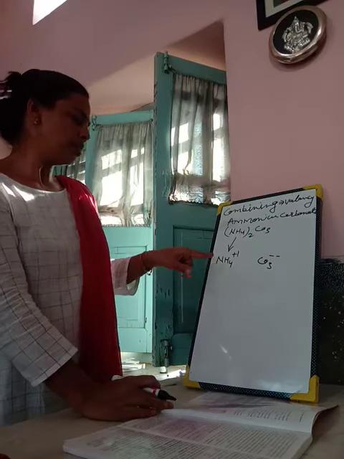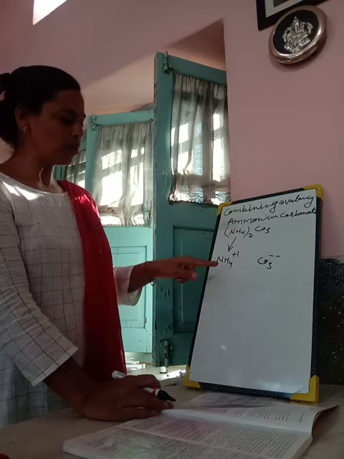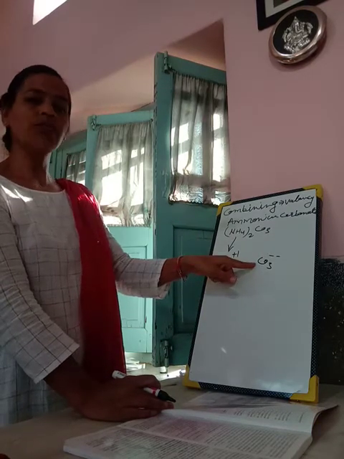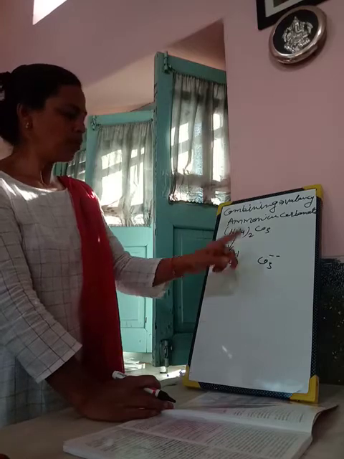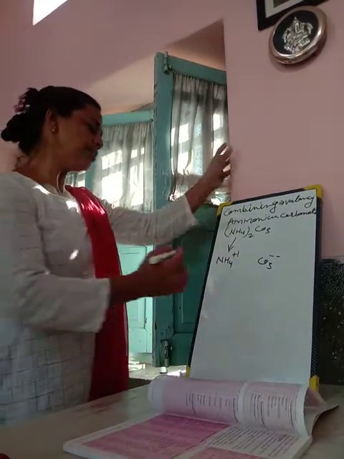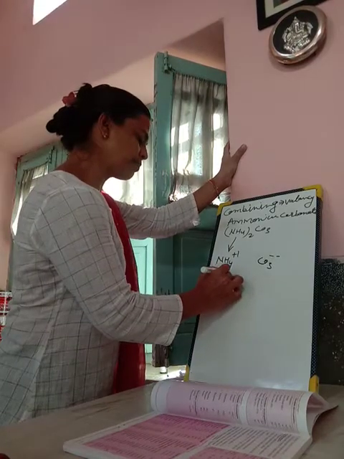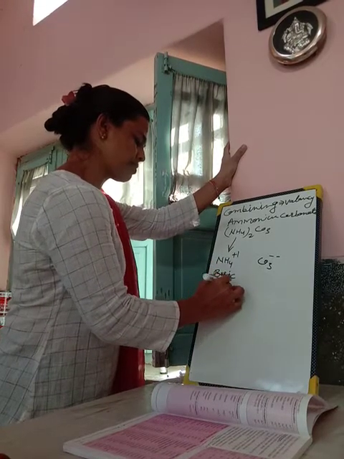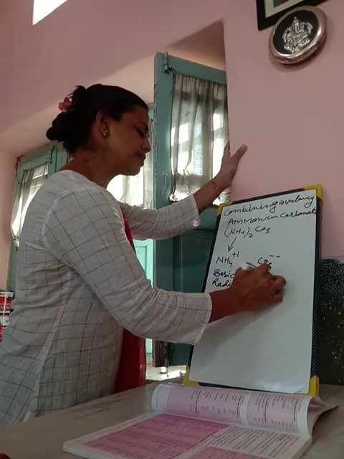And here the ammonium has a valency of one, so it reacts with only one atom of carbonate. Same here, this is the basic radical and this is the acid radical.